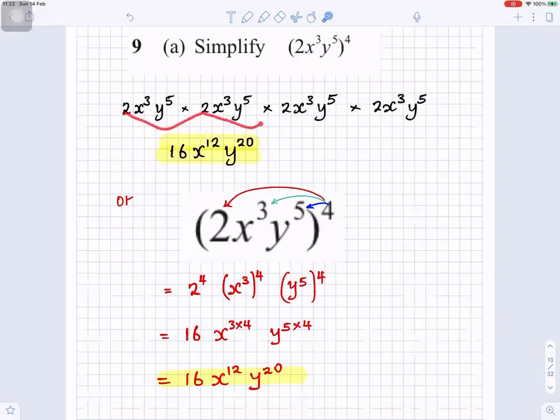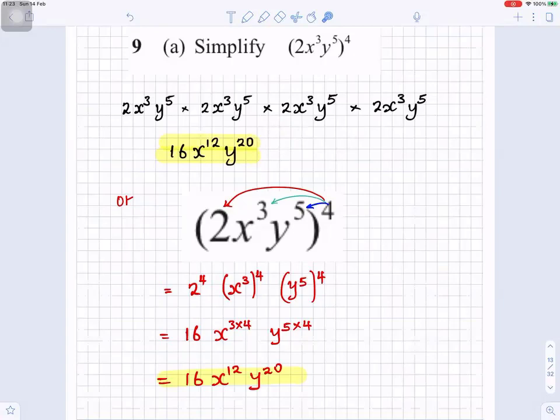2 times 2 times 2 times 2, that gives you 16. x cubed: 3 plus 3 plus 3 plus 3, that gives you 12. And 5 plus 5 plus 5 plus 5, that gives you 20. So that's your answer.